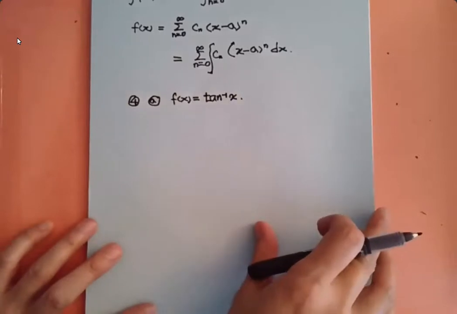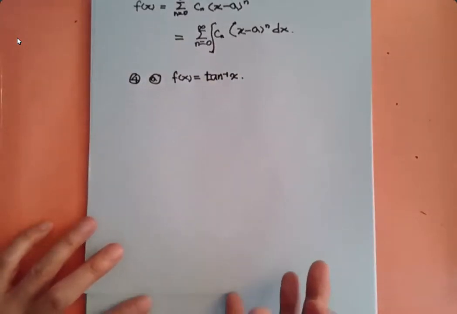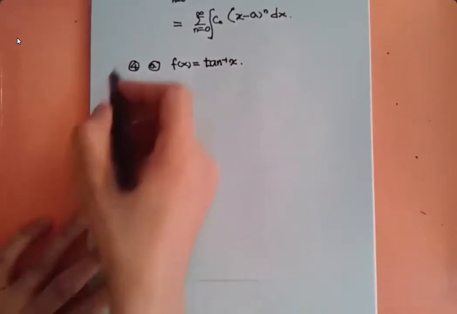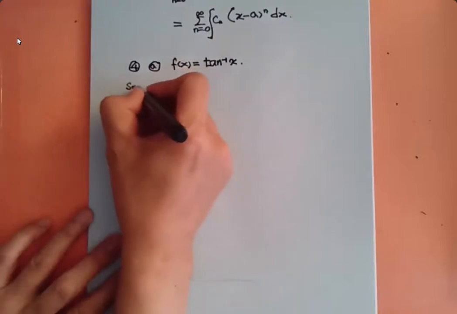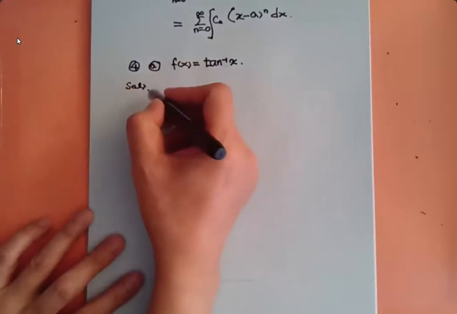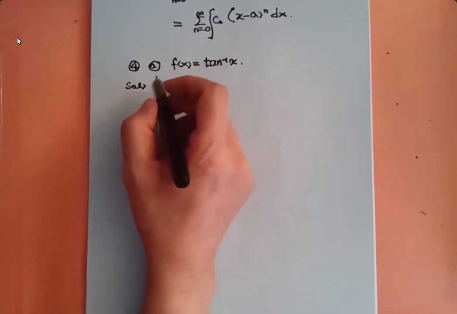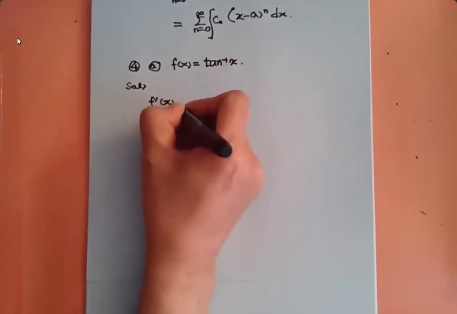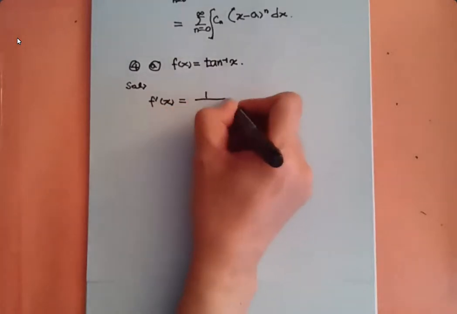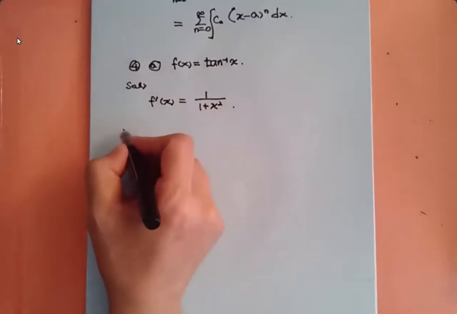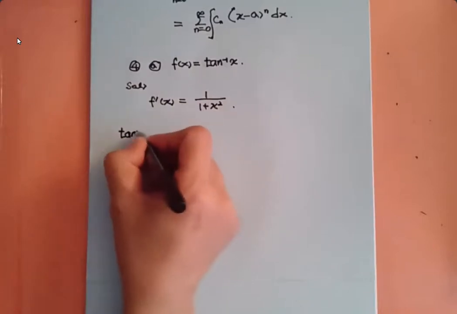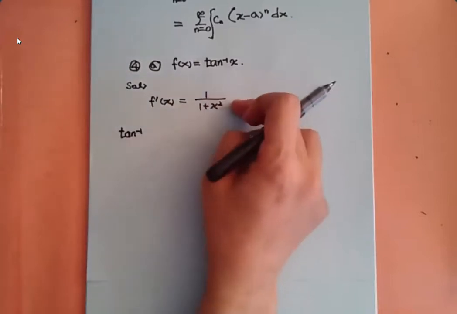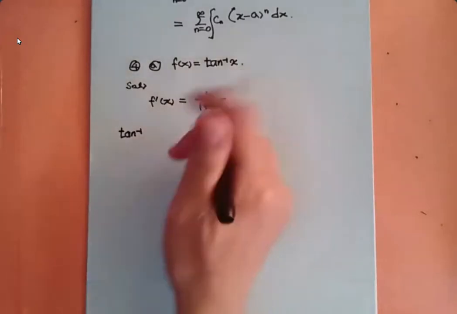So the first one is f of x is tangent inverse of x. Then its derivative f prime of x is 1 over 1 plus x squared. And so by the fundamental theorem of calculus, its antiderivative will become tangent inverse.